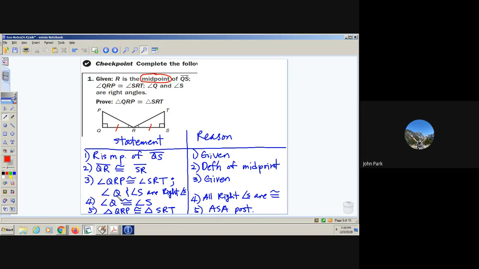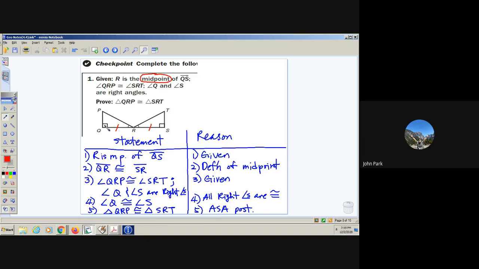Now, the fact that angle Q and angle S are both right angles, it's kind of obvious. They're both right angles, which means they're both congruent as well, right? So I just wrote angle Q is congruent to angle S, because they're both right angles. That's the right angle congruence theorem, which basically says that all right angles are congruent, right? Kind of obvious.